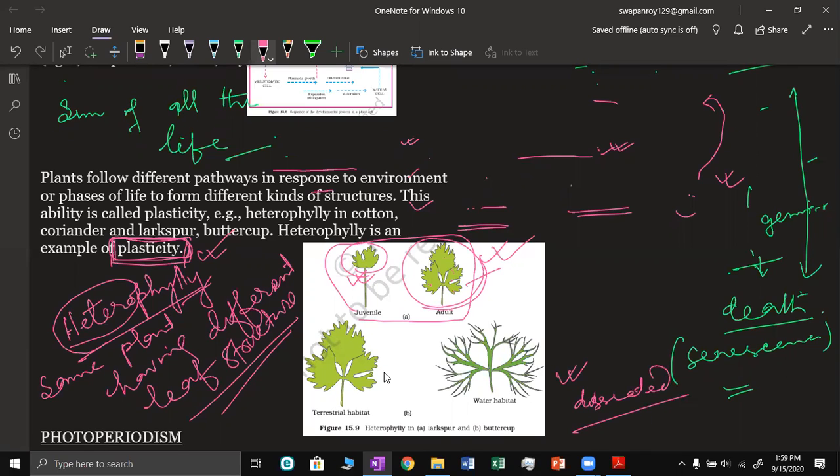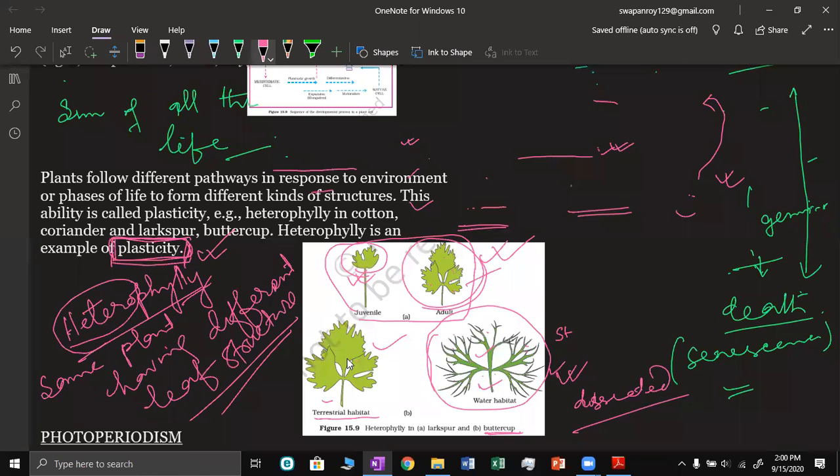Okay, see here one plant, it is showing the plant growing in water and the plant growing in terrestrial habit. This one is buttercup. When it is underwater, the same plant's leaf is very much dissected. This adaptation is to avoid the stress due to the water current.